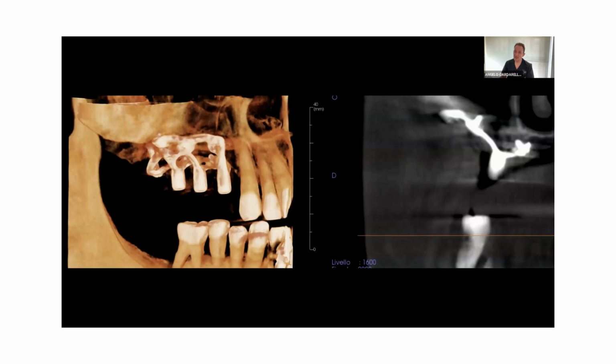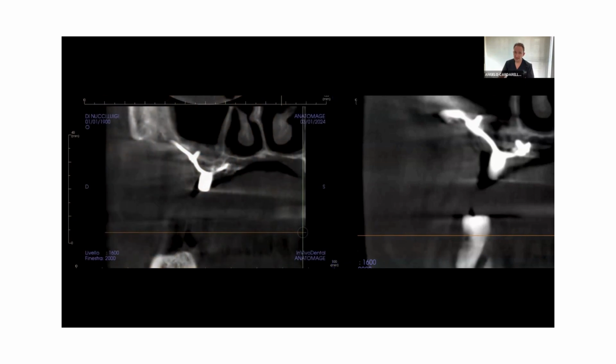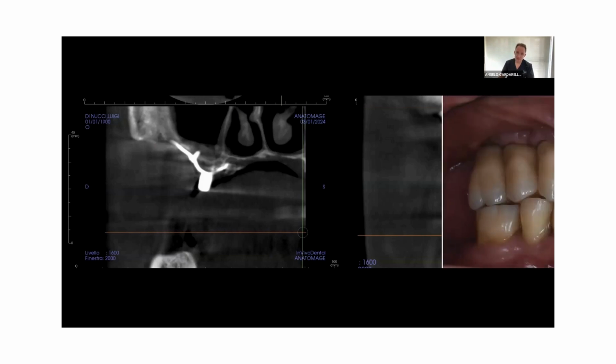Have a look. On the right we don't have any gap. Again, no gap. Perfect filling. This is the proof that the customized implant is perfect. The fitting of the customized implant is perfect, and we don't have any gap.